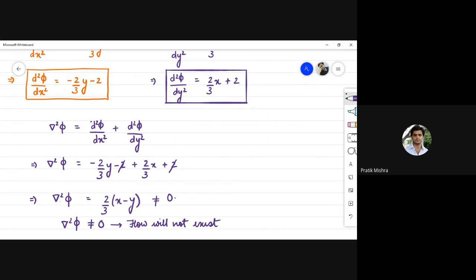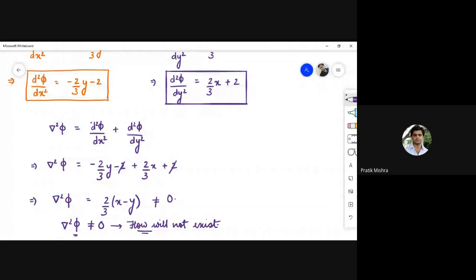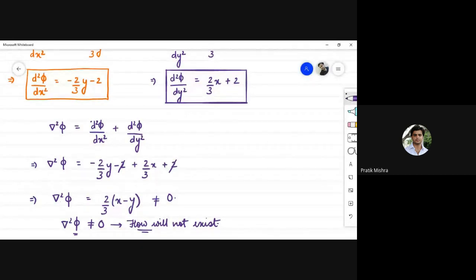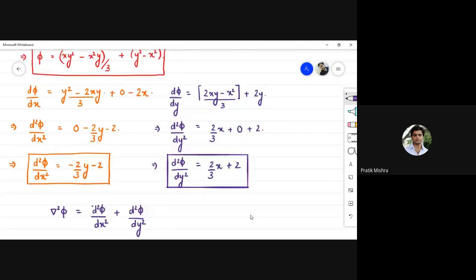The flow corresponding to the function phi given here is not going to exist. So that is what was asked in the question, whether flow is going to exist or not. So in this question, since delta square phi is not equal to 0, therefore flow will not exist. So this is all about your question number 2.